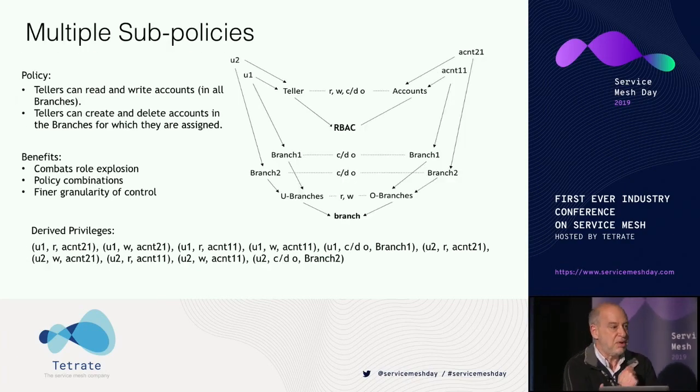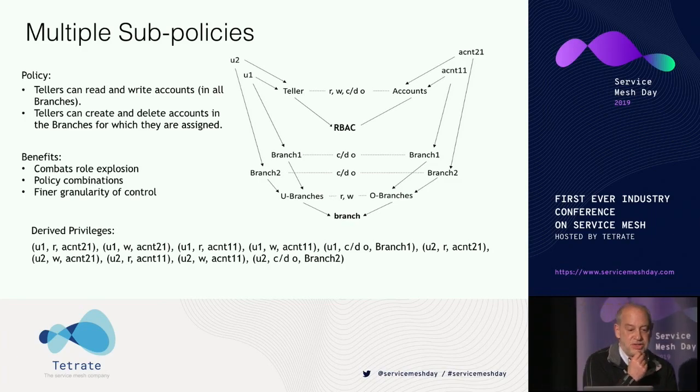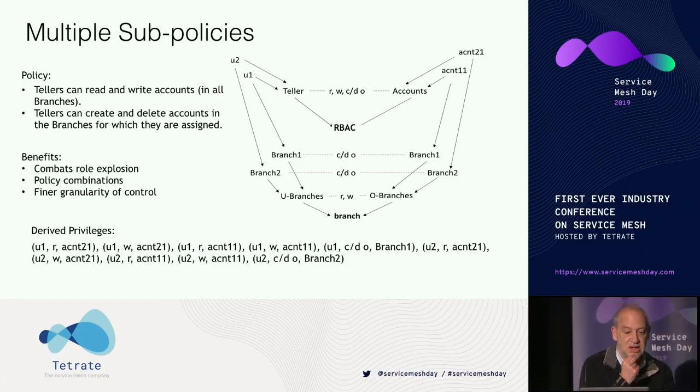But what we can do is combine policies. What that does is it provides you a greater granularity of control. So in this particular case, tellers can read and write accounts in all branches, and tellers can create and delete accounts only in the branches to which they're assigned.